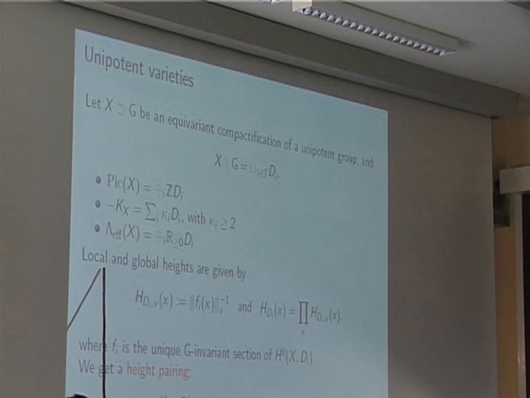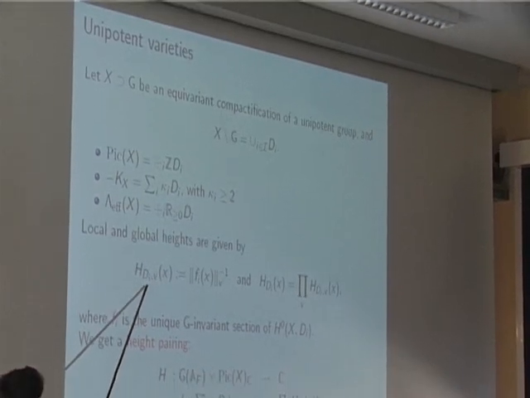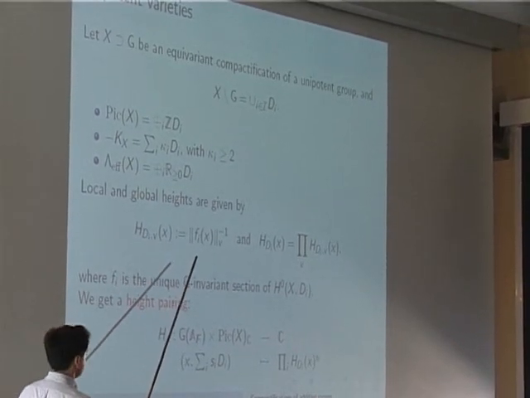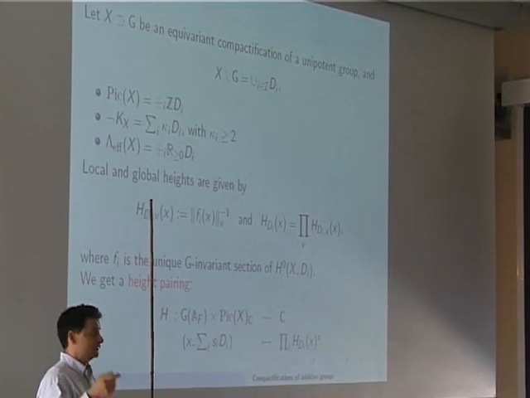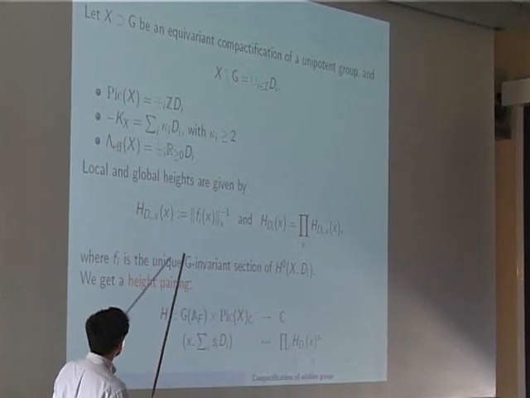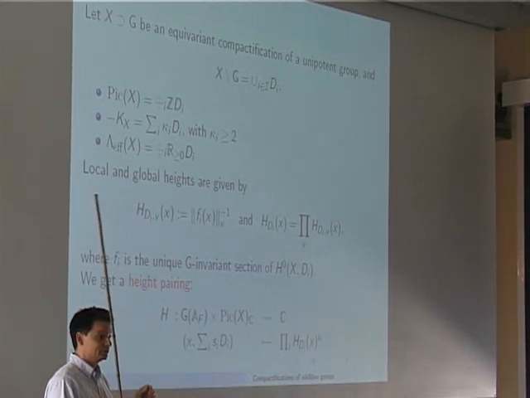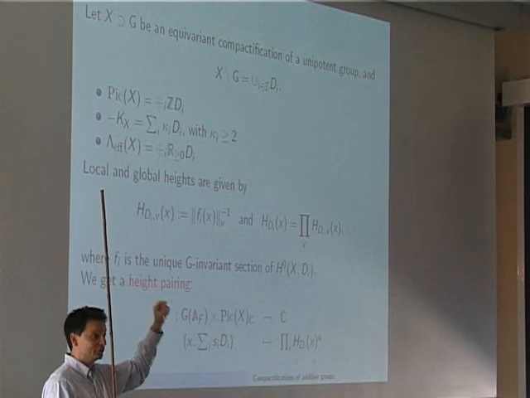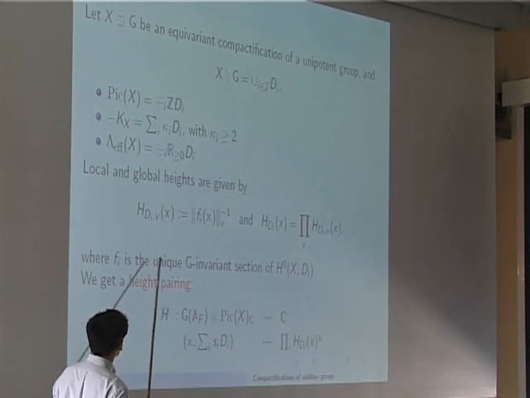But for our counting purposes, we need heights, all right? So local heights first with respect to the boundary divisors. So you look at H0 of Di, so it's G linearized, and as you know, a unipotent matrix can be brought into upper triangular form. So there is one section that's invariant with respect to the action.